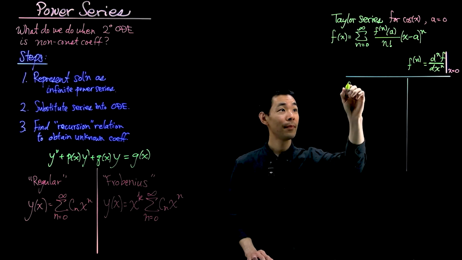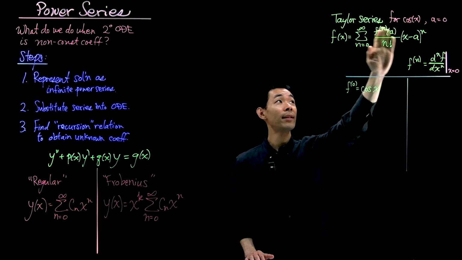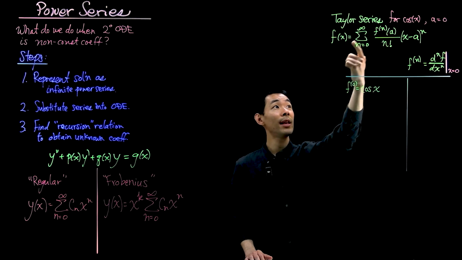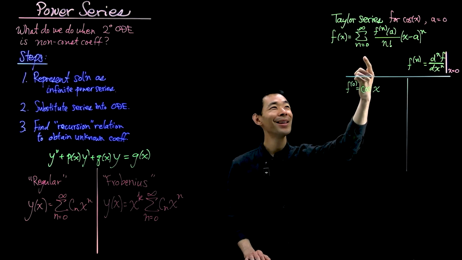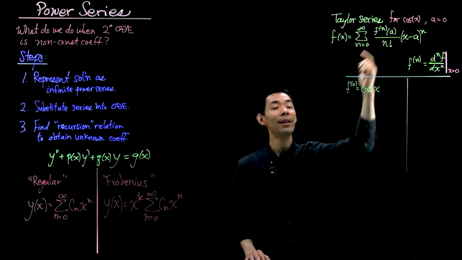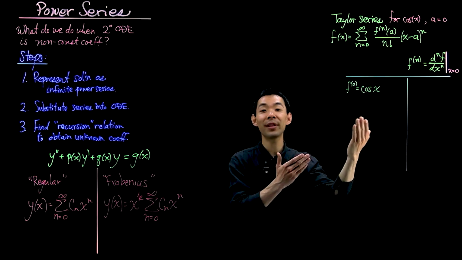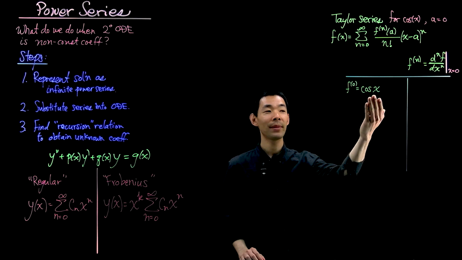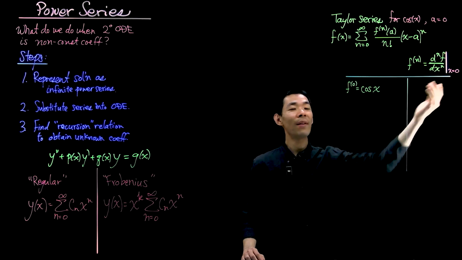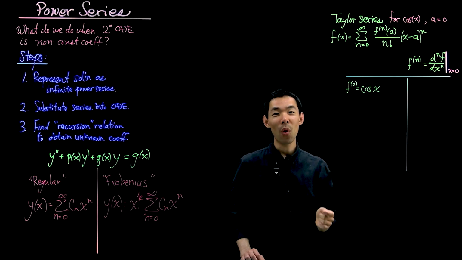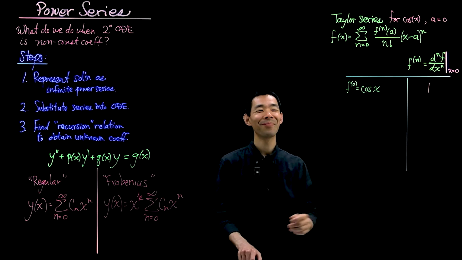Okay, let's make a quick table of the nth derivative of f evaluated at the expansion point x equal to 0. So the first weight that we need is for the index n equal to 0. So n equal to 0, we have the 0th derivative, or the function itself, which is cosine of x. Cosine of x evaluated at 0 is simply equal to 1. Let's keep going.